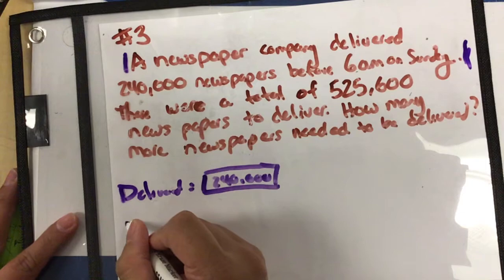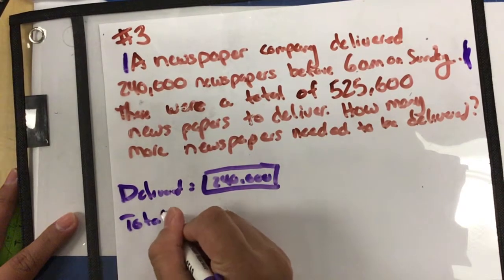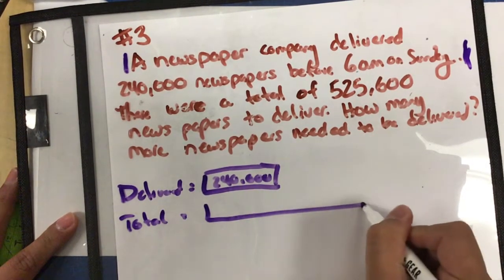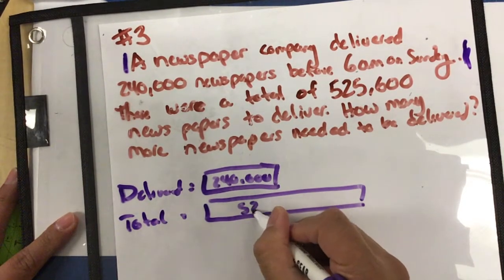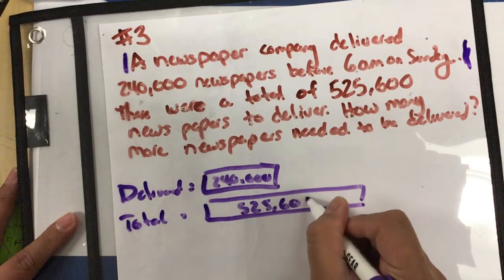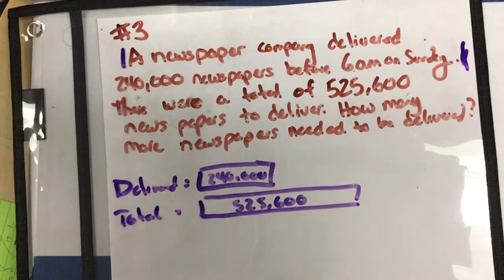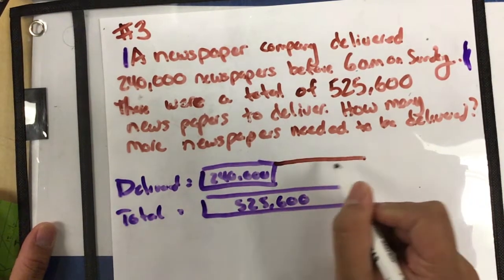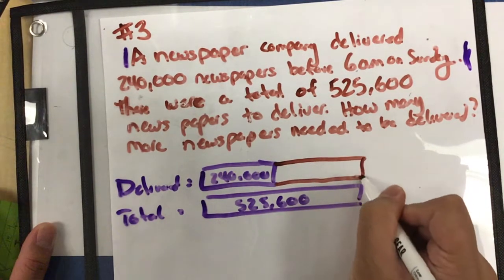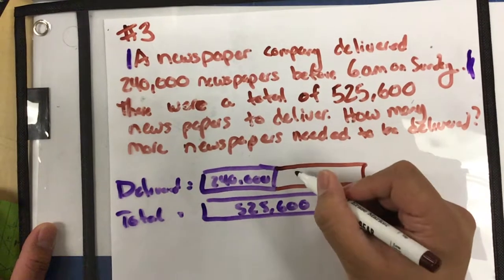And then we have a total. That equals 525,600. So if we know how much was delivered, all of the remaining newspapers are not delivered. So I'm just gonna do it in brown. So right here, these are not delivered.